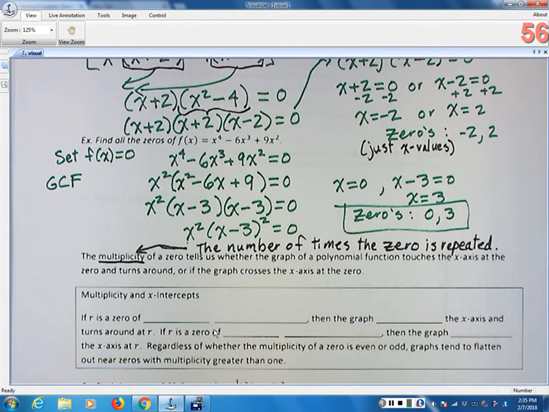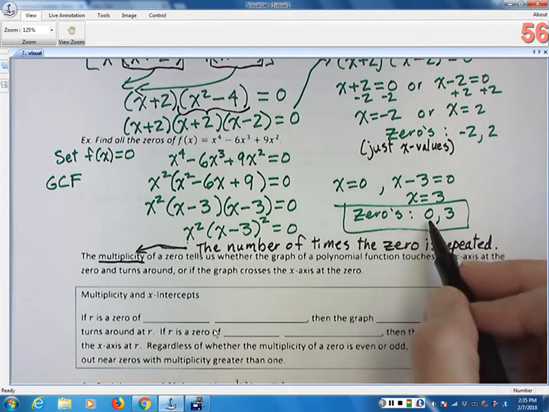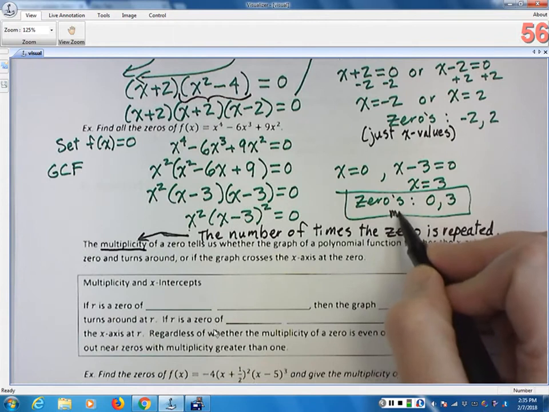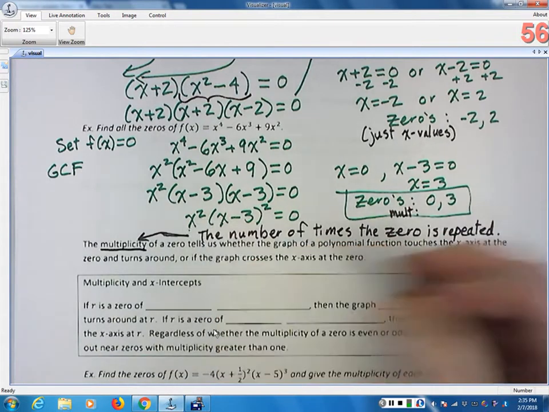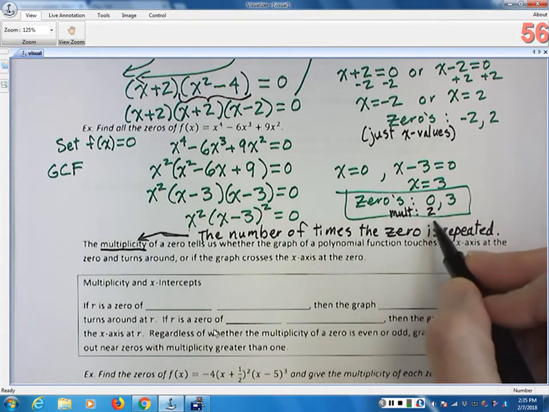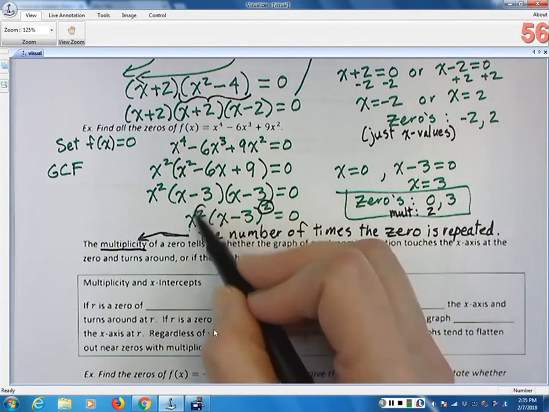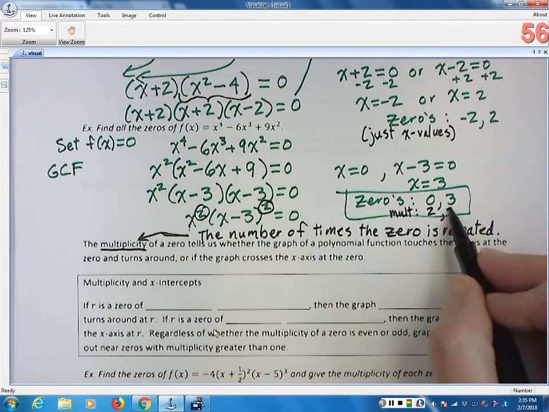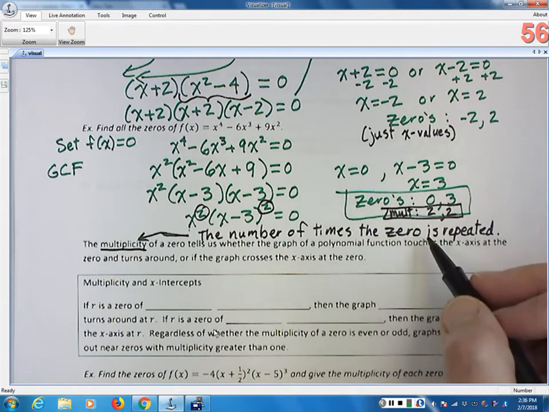Okay? So this 0 right here had a multiplicity. Since it was an x squared term, it's repeated twice, so it's 2. The 3 was repeated twice. Look at the x minus 3 one, so it's also 2. The multiplicity of these zeros was 2.